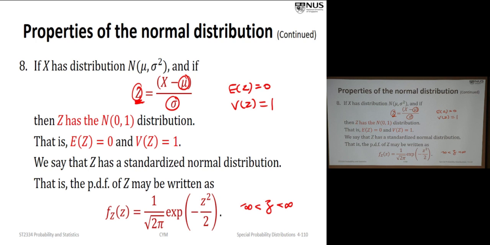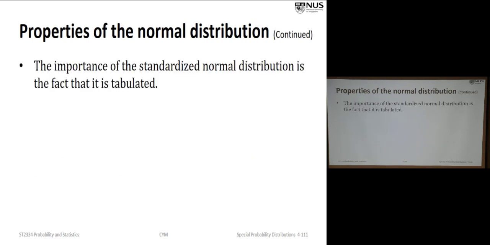One of the importance is that there are so many normal distributions, but if we use this transformation, then every normal distribution can be converted to a problem using the standard normal distribution.